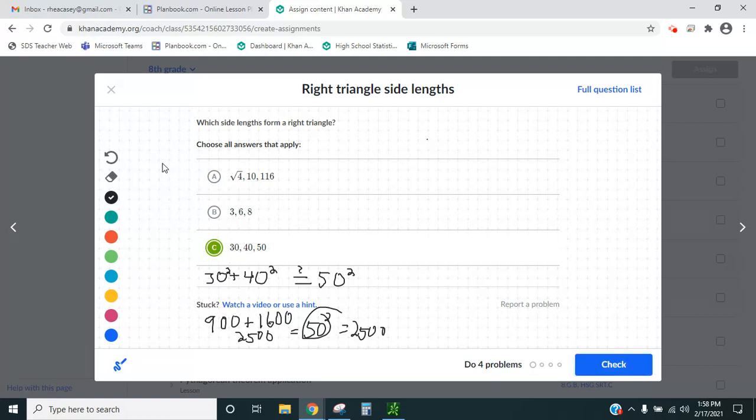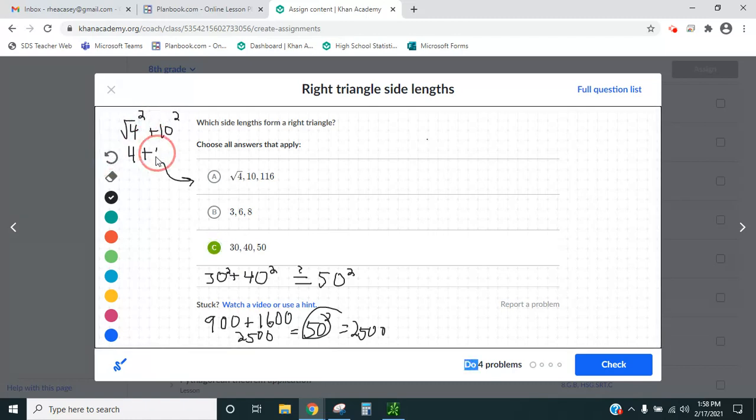All right, let's look at letter A here. So you might be asking, what about letter A? If I square the first thing, what does that mean? What's the square root of 4 squared plus 10 squared? Well, this is just 4. When you square a square root, they cancel each other out. And then we're left with 4 plus 100, which is 104.